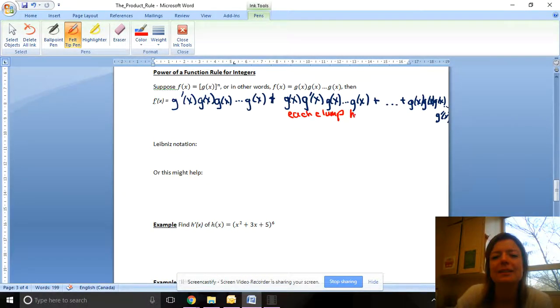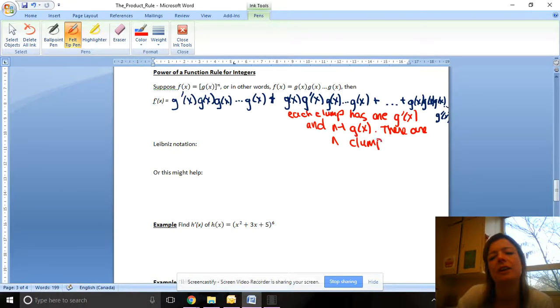Each clump has 1 g prime at x and n minus 1 g at x's, right? Because each clump has n things multiplied together. One of them is the derivative, and then the rest of them, so n minus 1 of them are just normal g at x's. And so then there are n clumps. Very technical.